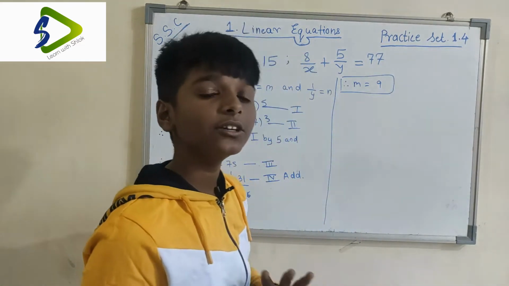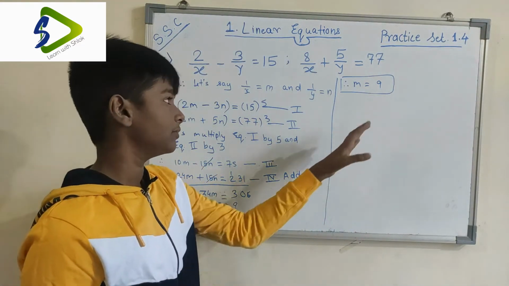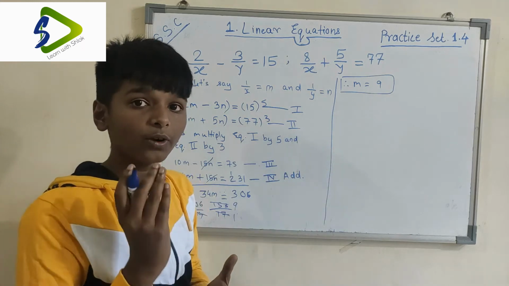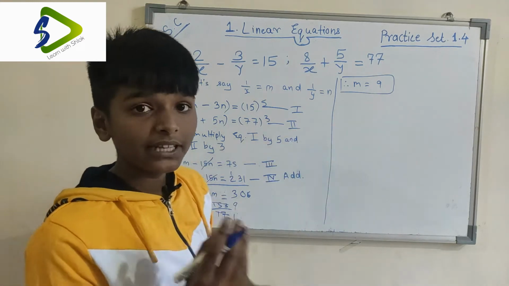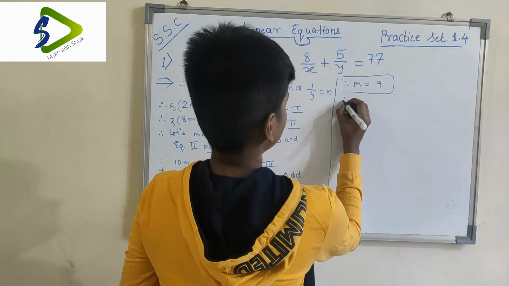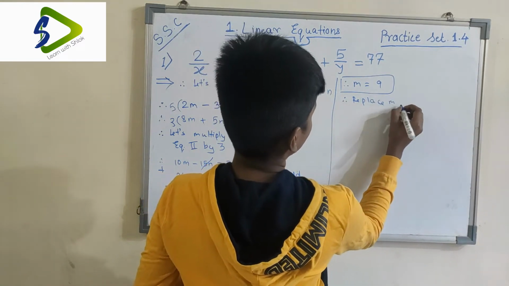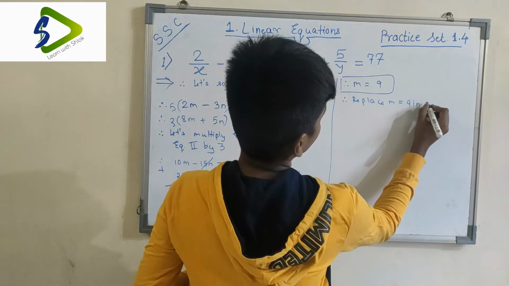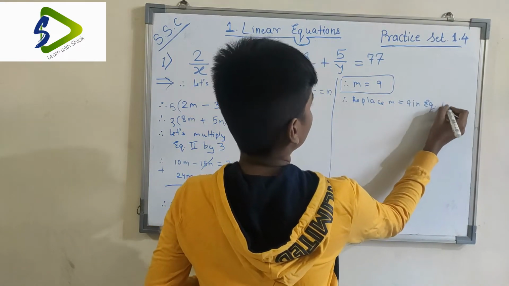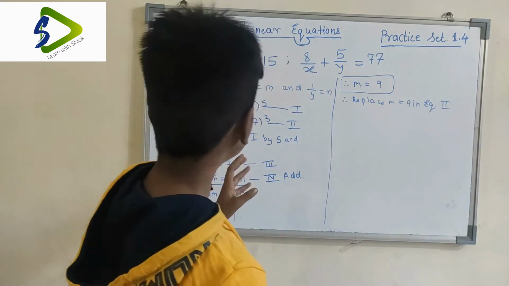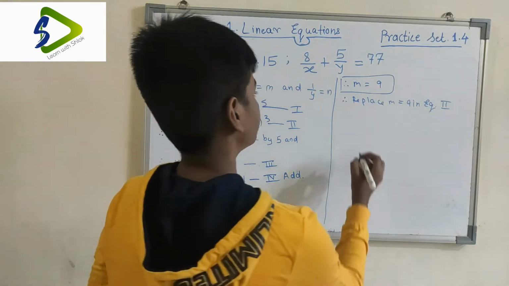Now remember in practice set 1.1, when we found the value of one variable, we replaced its value in an equation. So therefore we have to replace m is equal to 9 in equation 2. I am taking equation 2, but you can take any equation you want.